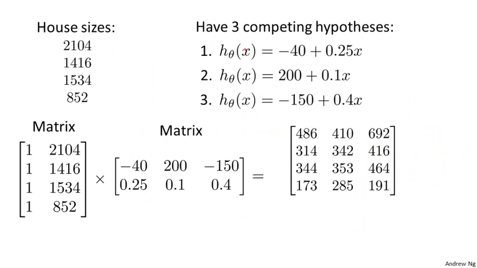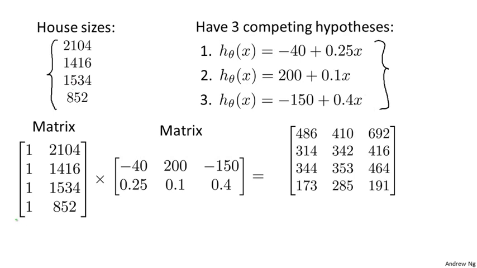Finally, let me show you one more neat trick that you can do with matrix-matrix multiplication. Let's say as before that we have 4 houses whose prices we want to predict. Only now we have 3 competing hypotheses shown here on the right. So if you want to apply all 3 competing hypotheses to all 4 of your houses, you can do that very efficiently using a matrix-matrix multiplication.